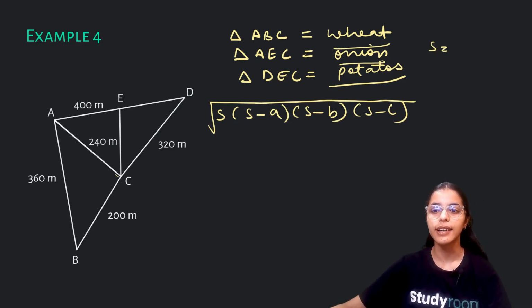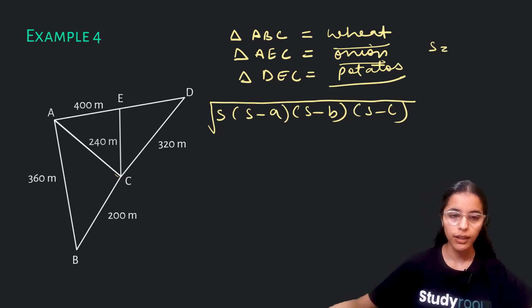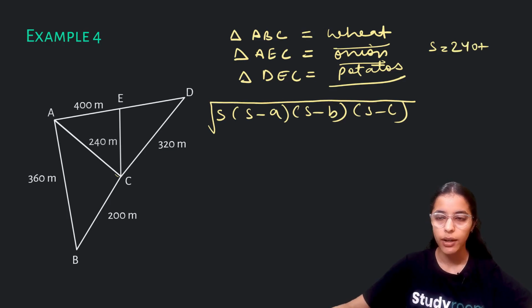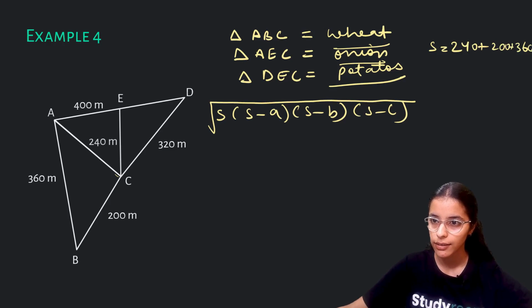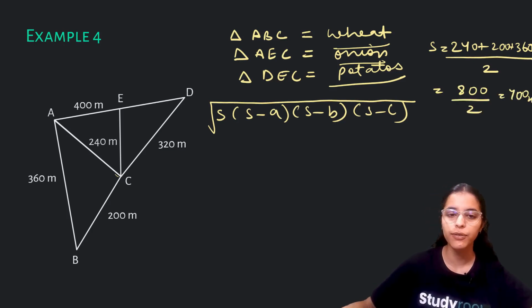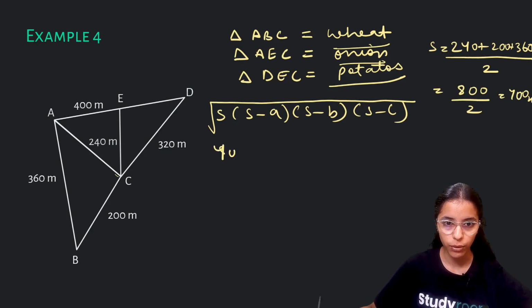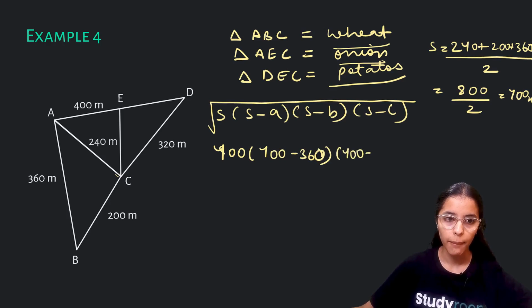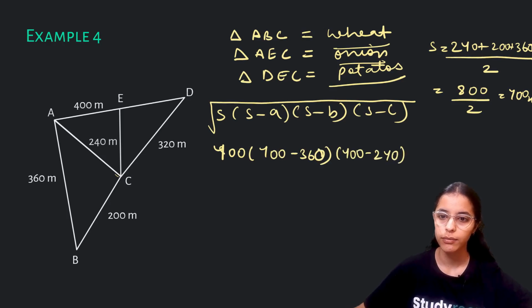Now let us consider our S. S would be 240 plus 200 plus 360 divided by 2, which is 800 divided by 2, which is 400 meter. Our S is 400, so let us put it over here: 400 minus 360, then 400 minus 240, then 400 minus 200.